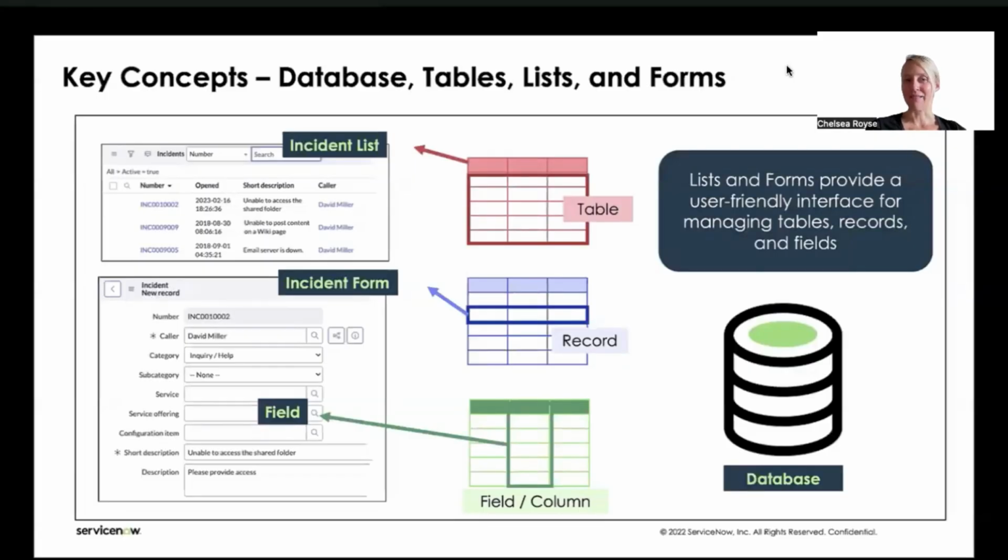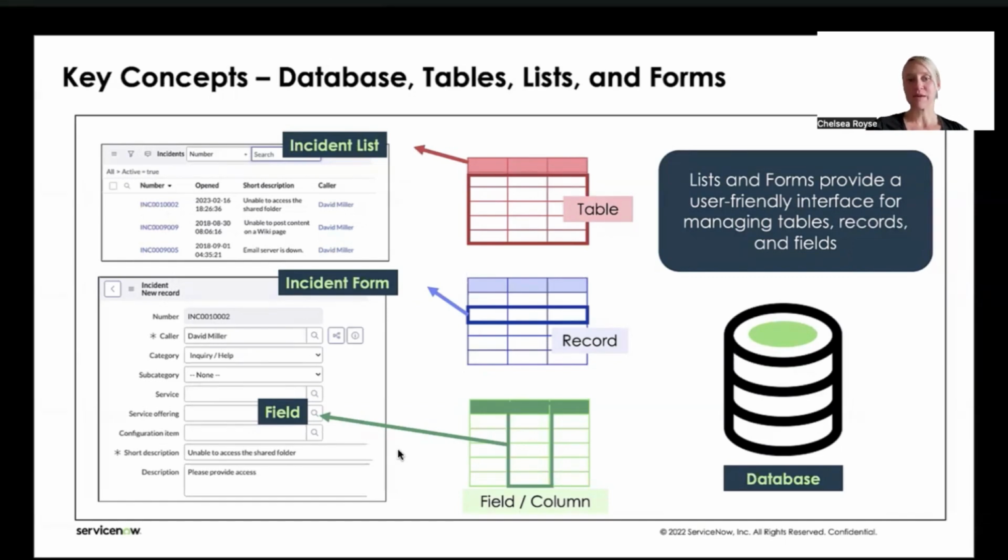So here's a great graphic showing what ServiceNow looks like with databases. Here is an example of a list where there's multiple listed. Those are records when they're individual, and then this is on a table format. Here you can see one row is a record, and then an up and down column is known as a field.